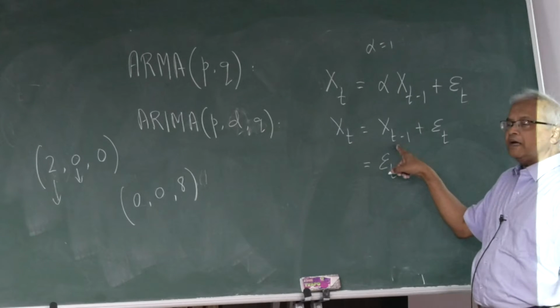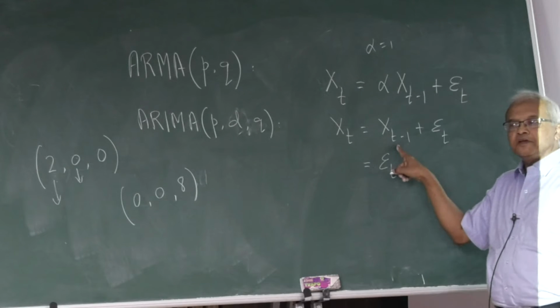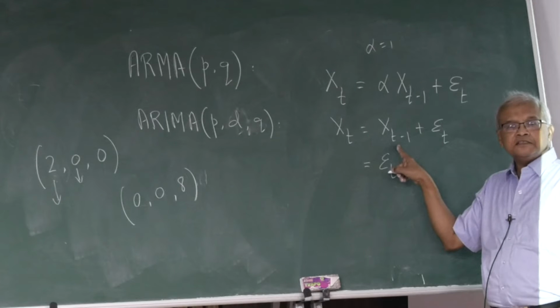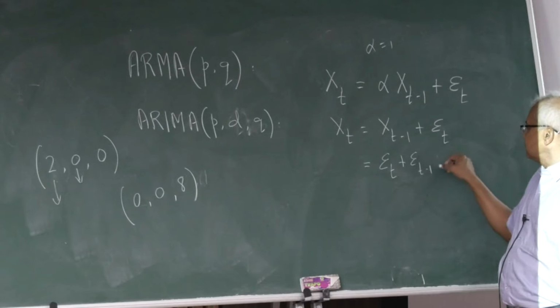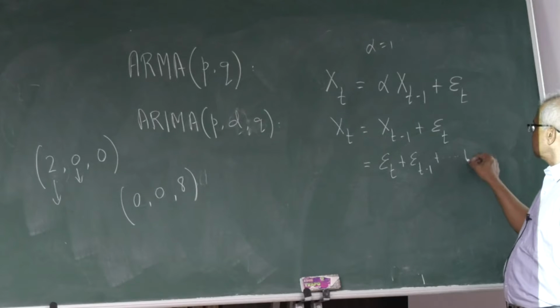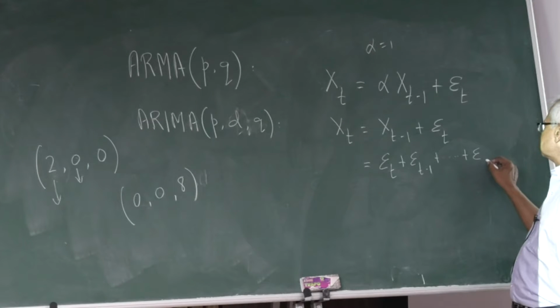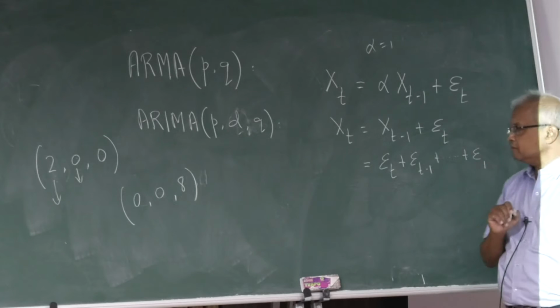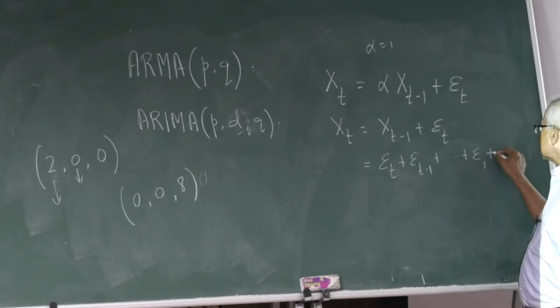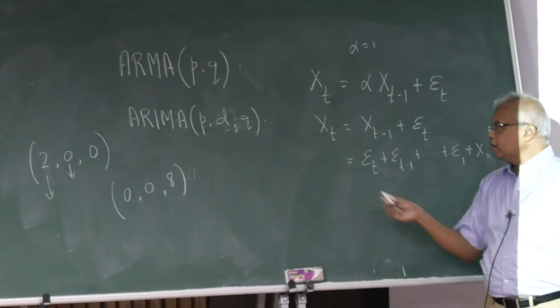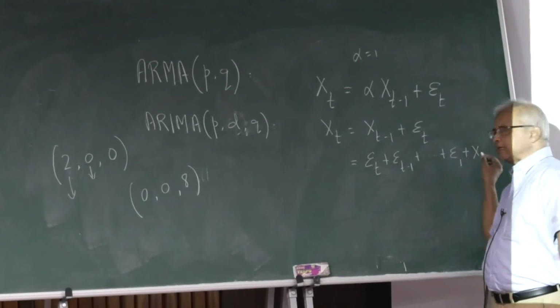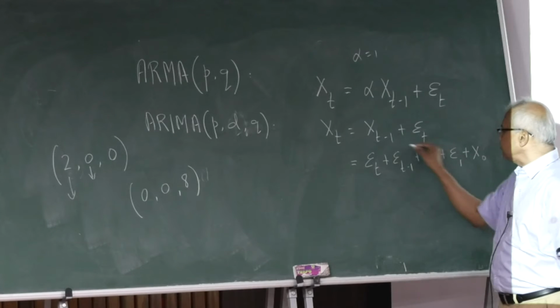What is x_{t-1}? It is x_{t-2} plus epsilon_{t-1}, plus epsilon_t, and this goes on. Say I go up to 0 or maybe 1. I'll stop here, plus x_0. Okay. What would be the mean? Suppose expectation of x_0 is 0, so the mean would be 0.